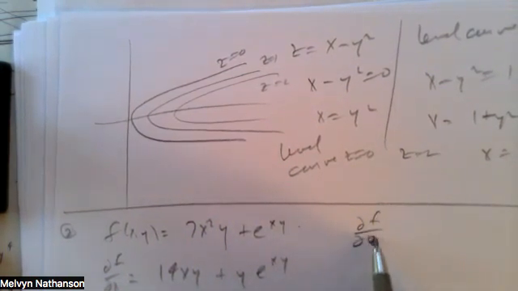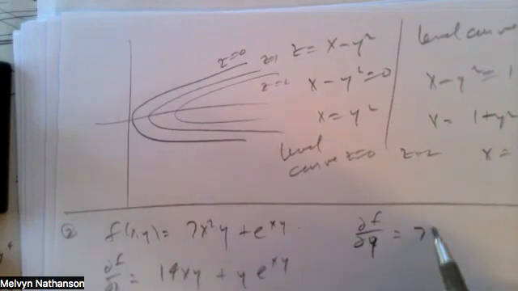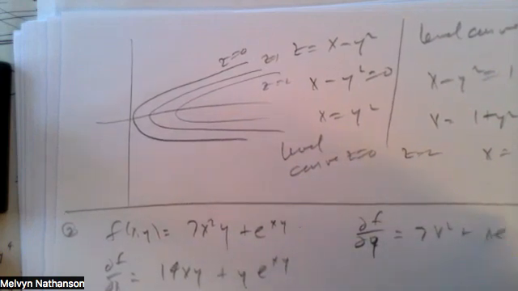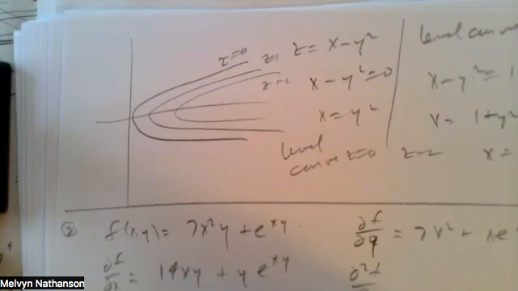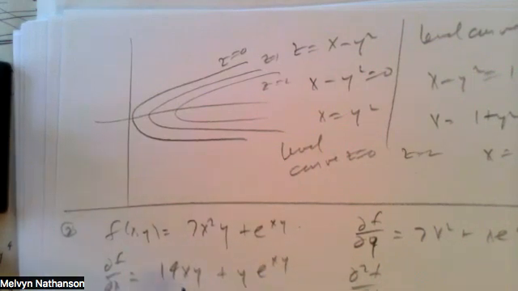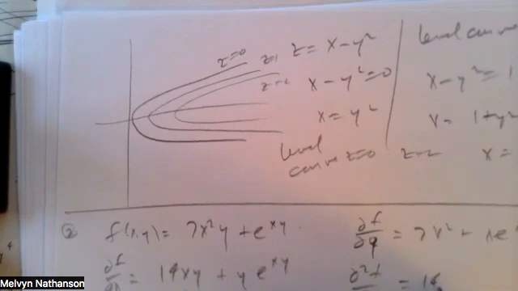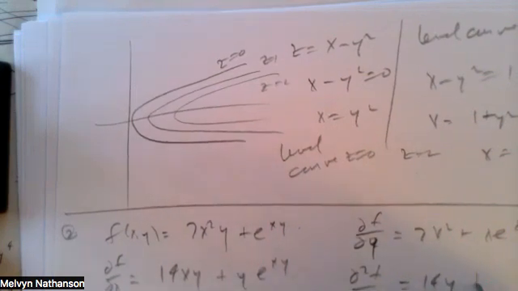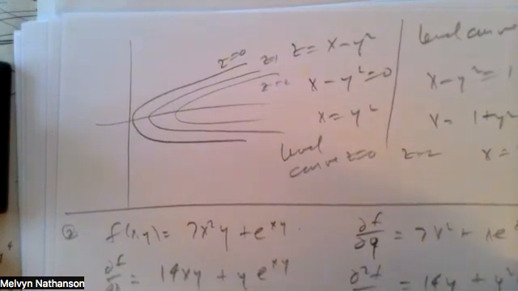Partial of f with respect to y is 7x squared plus x e to the xy. And if we differentiate twice with respect to x, here's the derivative of f with respect to x. When we differentiate it again with respect to x, we get 14y plus y squared e to the xy.